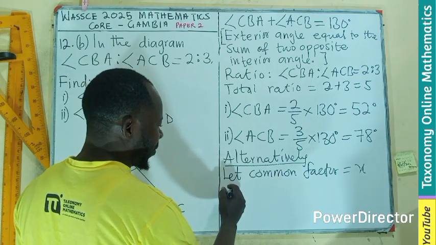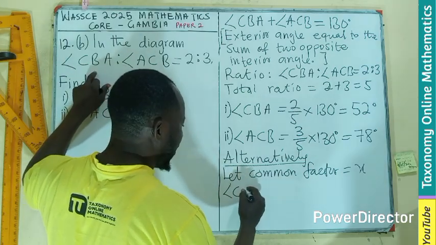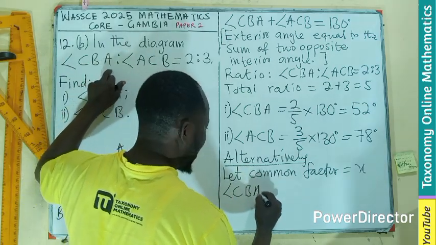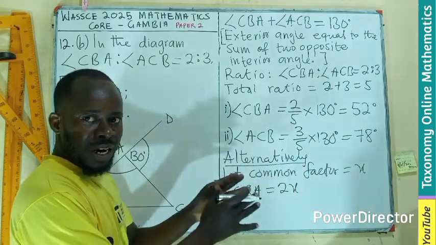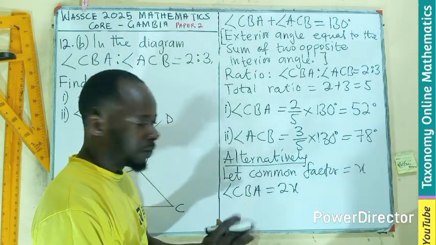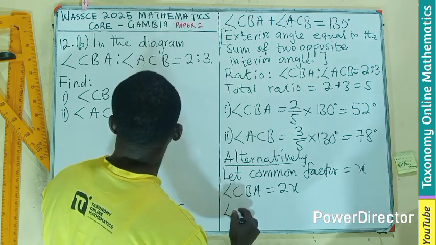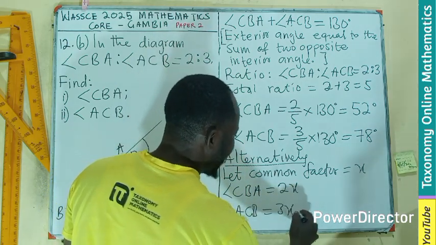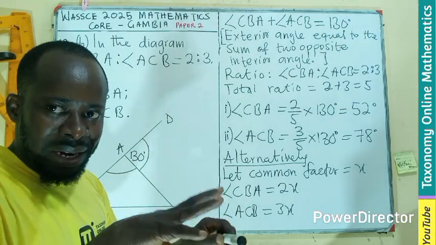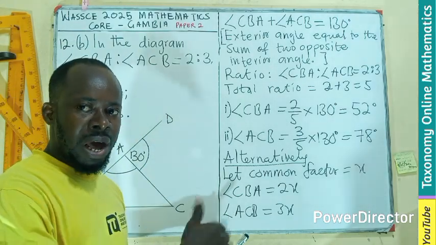So the angle CBA is going to be 2 times x. That is the value of the angle, not the ratio anymore. Then the angle ACB will be 3 times x, the actual angle, not a ratio.